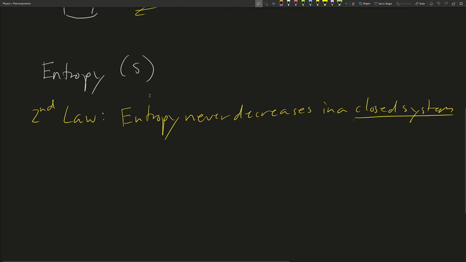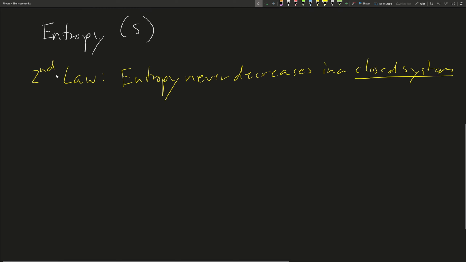And so what this means in equation form is that the change in entropy, change in S, is going to be greater than or equal to 0. Now, that change in S is equal to 0 whenever a process is reversible.